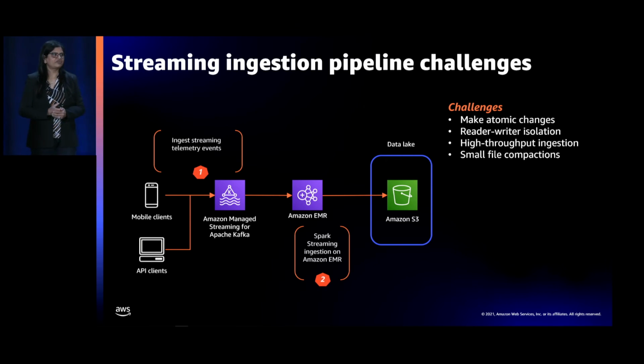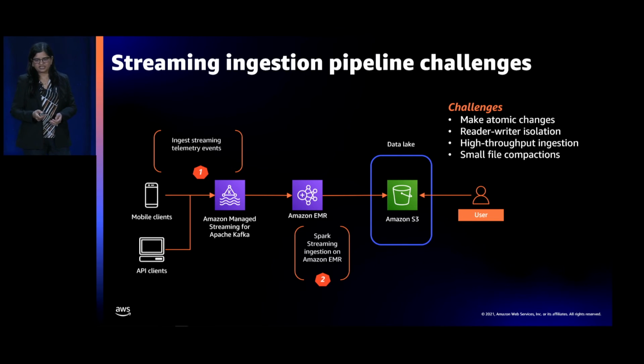You also have situations in real-time streaming scenarios where you need high throughput ingestion. And last but not the least, in almost all streaming cases, you have streaming messages that are really tiny. And when you have tiny files, it's a problem, so you need to compact those files on a regular basis. So small file compaction is also a challenge that many of our customers encountered.